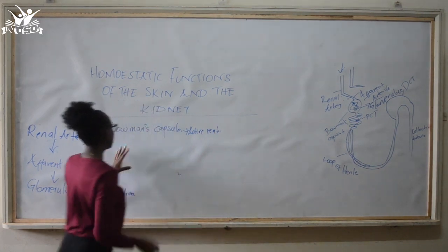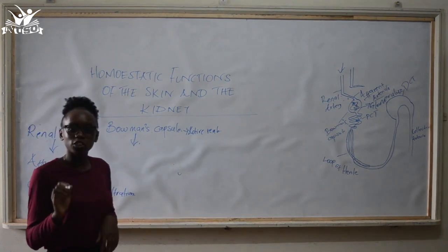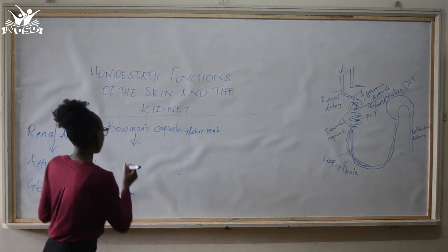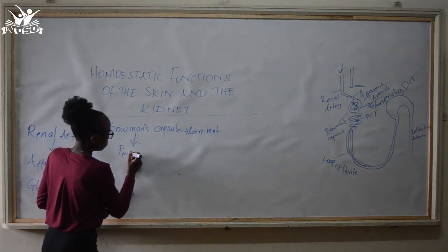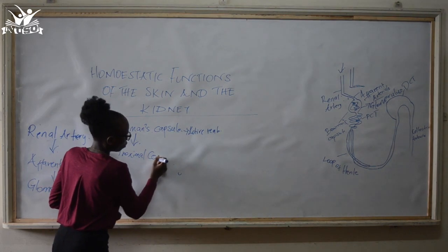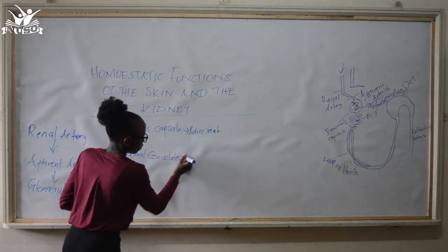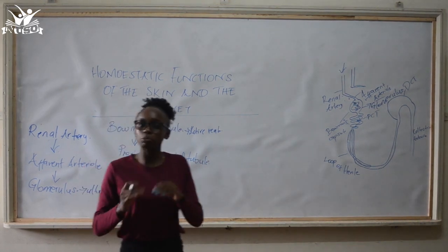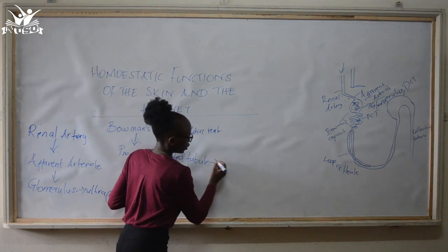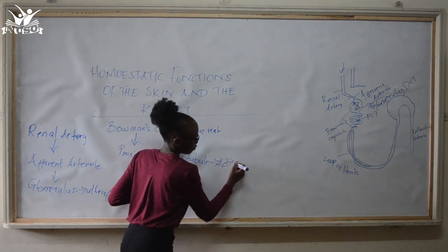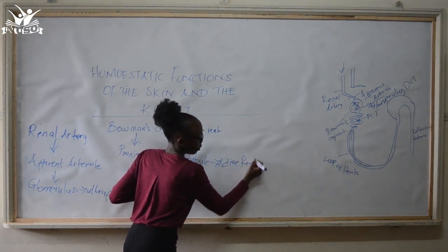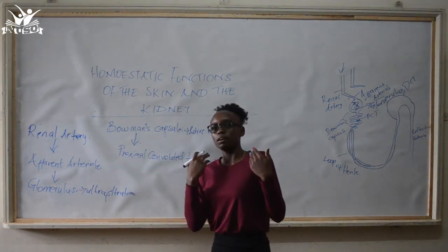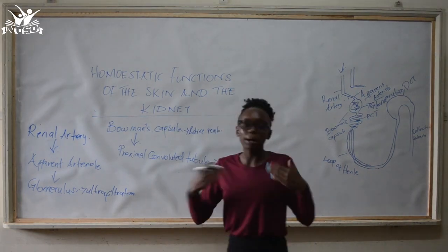After that, the glomerular filtrate flows to the proximal convoluted tubule. Here, active reabsorption takes place. Substances such as glucose, amino acids, mineral salts and some water are reabsorbed back to the blood.